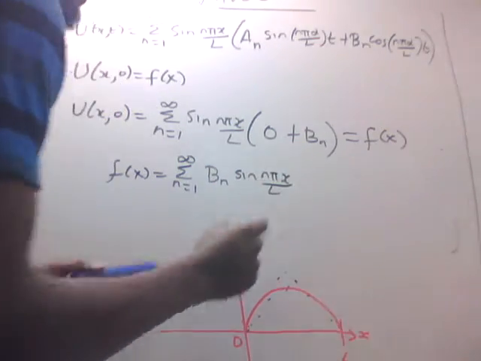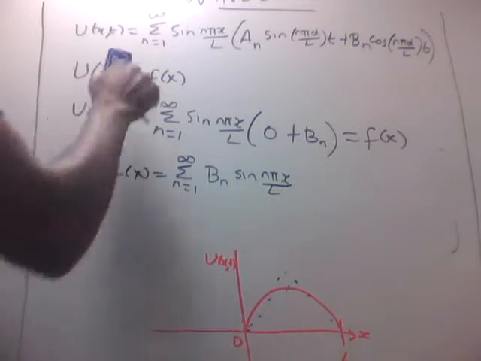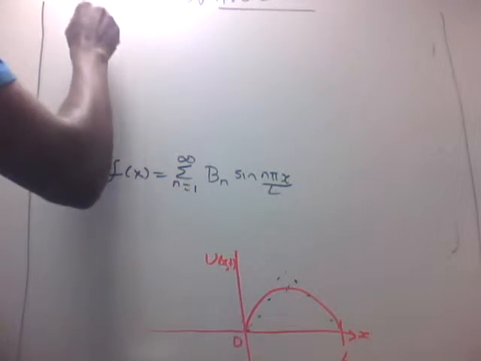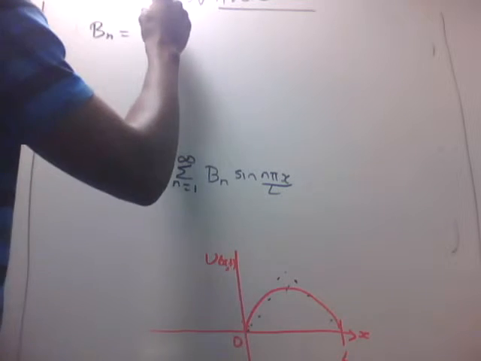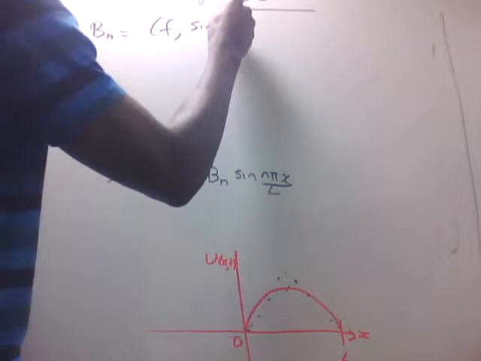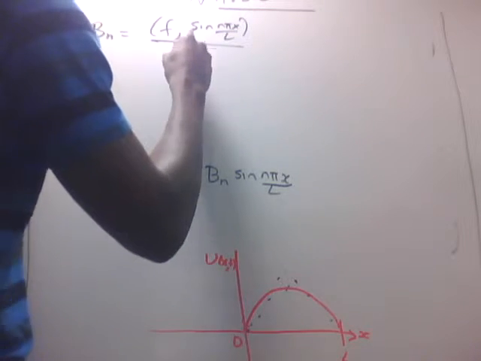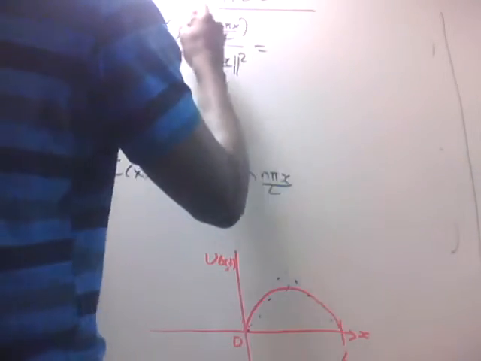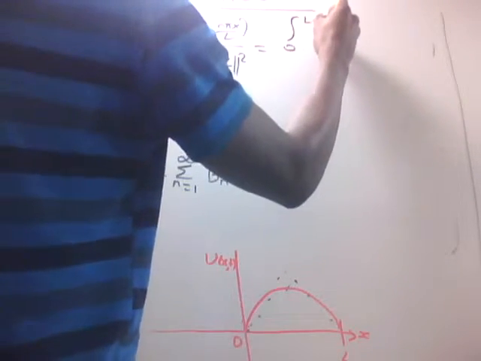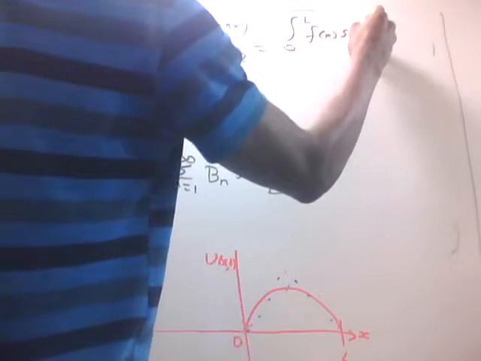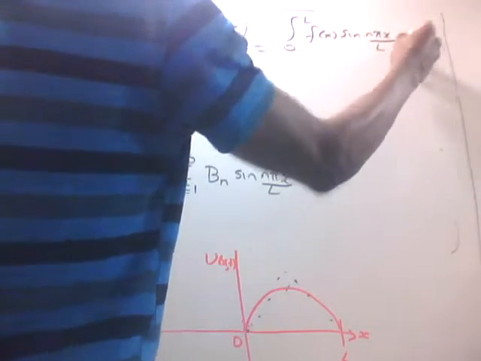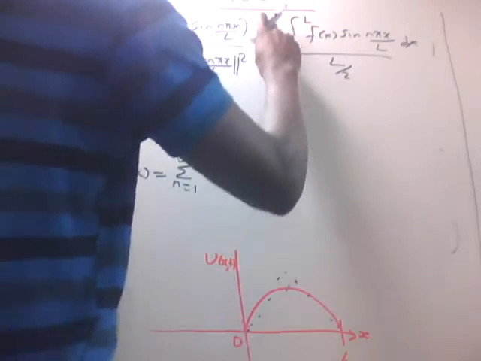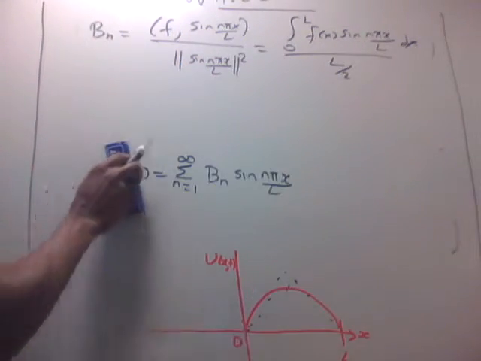Because it's an orthogonal set of functions, we can determine this bn using the orthogonality trick that we've used all semester. bn is the inner product of f with sine n pi x over L divided by the squared norm of sine n pi x over L, and this is just the integral of f of x sine n pi x over L dx divided by L over 2. Alright, I'll just call it 2 over L here. I'll leave it as this for now. Okay, so we have our expansion for bn.